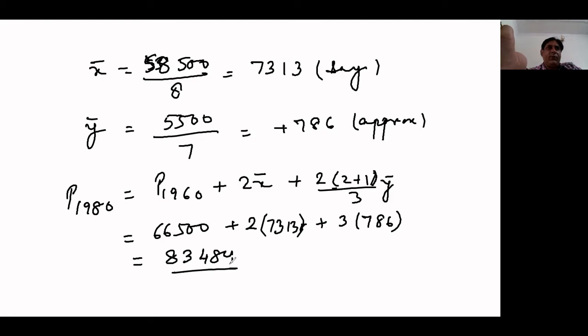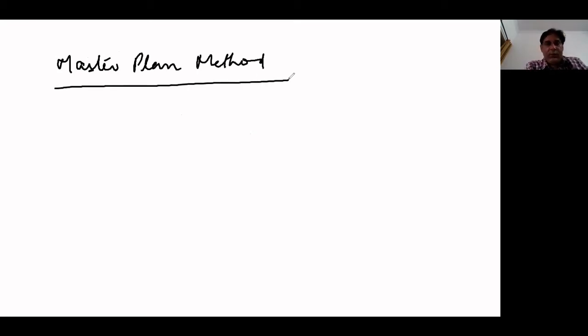Now we have already taken up the simple graphical method. Now we would take up the master plan or the zoning method, right? The approach towards this method is very simple. The city whose population has to be forecasted is divided into various zones.